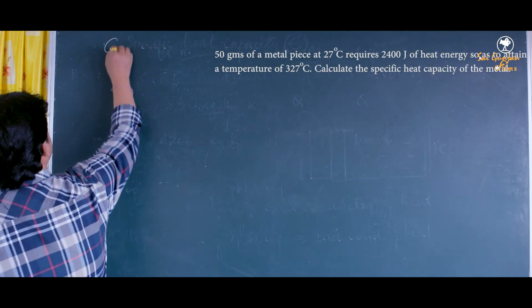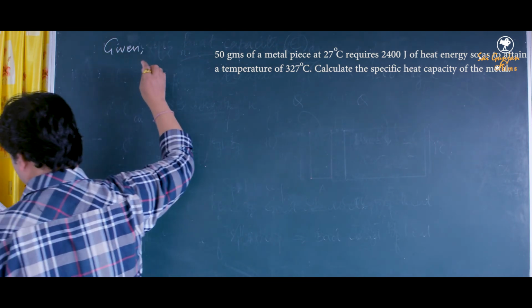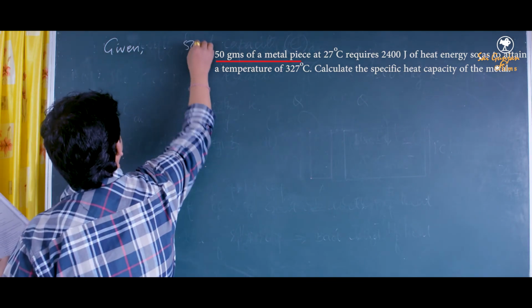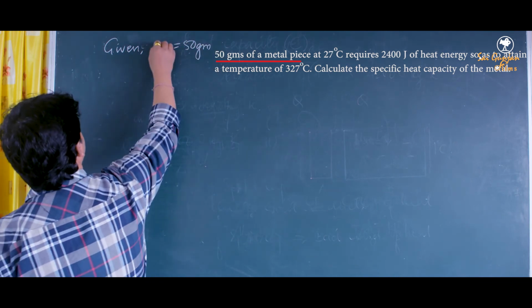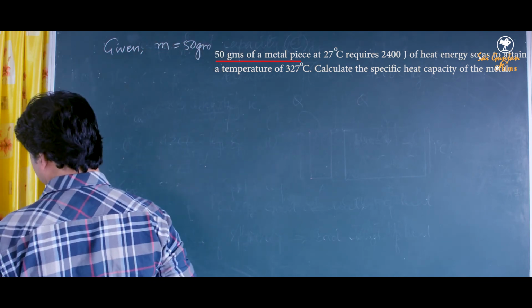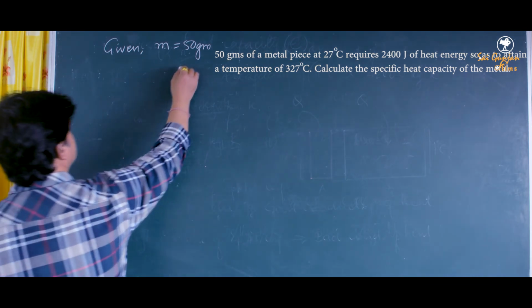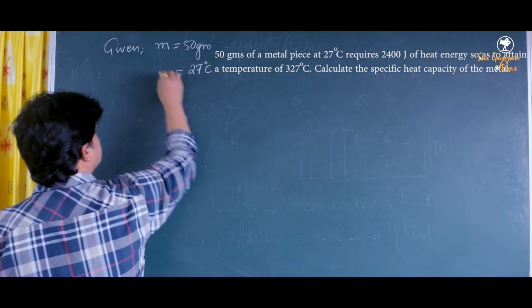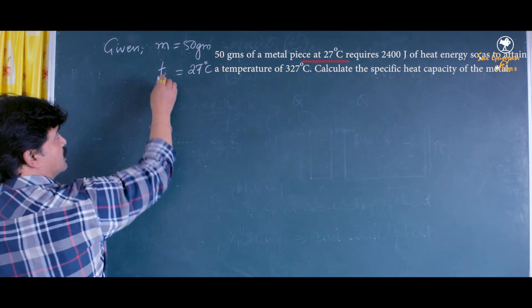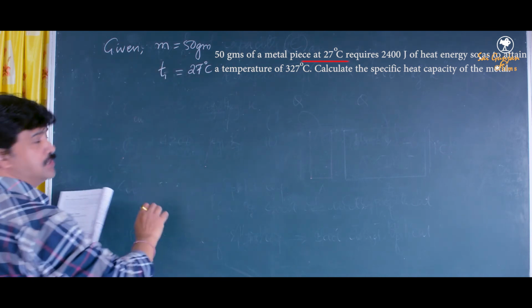Now in this case, let me first of all write the given quantities. What is 50 grams here? This is the mass of the metal. 27 degrees Celsius is the initial temperature, isn't it? So I will write T1 to denote the initial temperature.